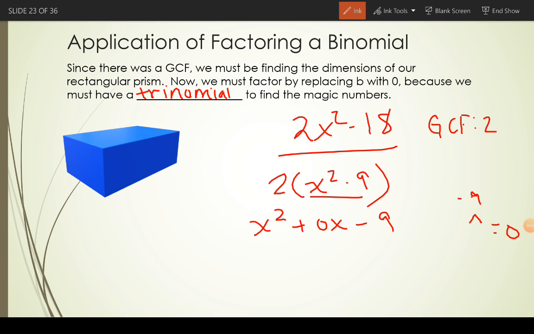For binomials, the values here are always going to be the same with opposite signs. So we're going to have negative 3 and positive 3 here.